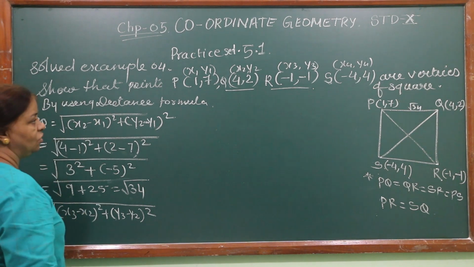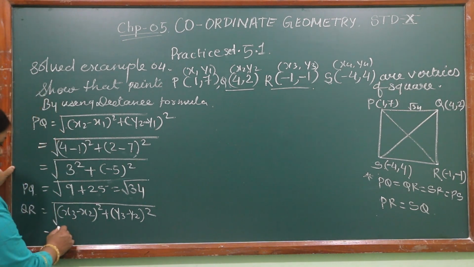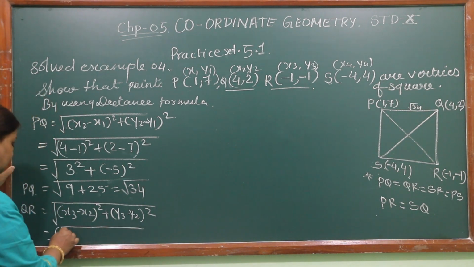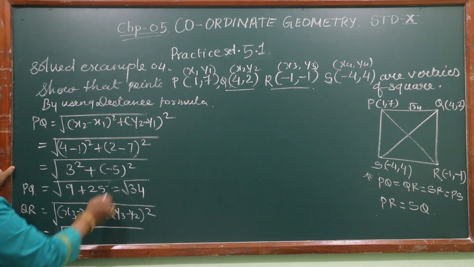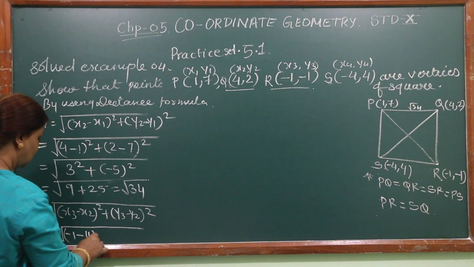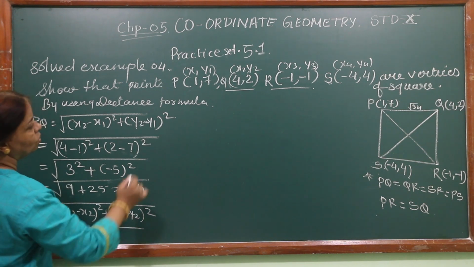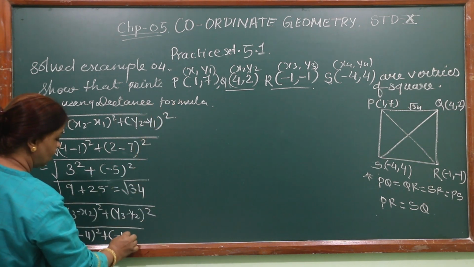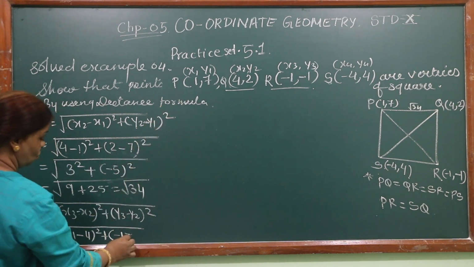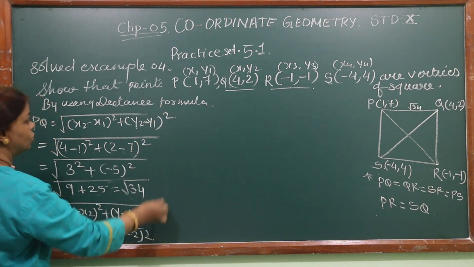Now we will place the values of the coordinates. x3 is minus 1 minus x2, x2 is 4, the whole square, plus y3 is minus 1 minus y2, y2 is 2, the whole square.